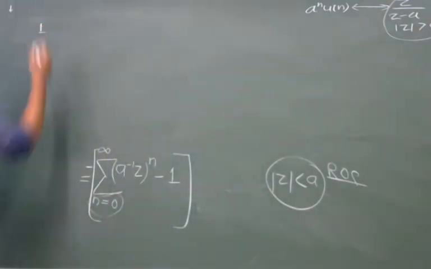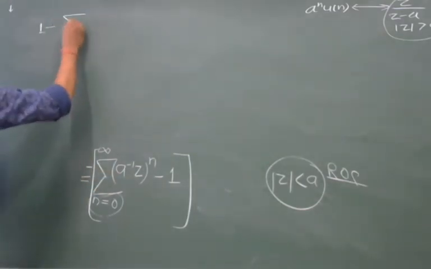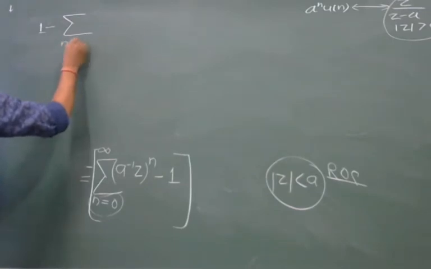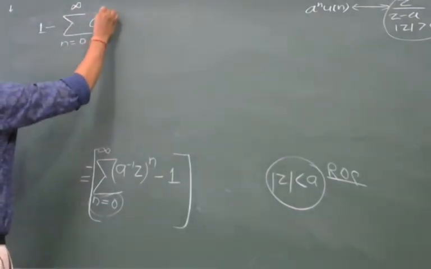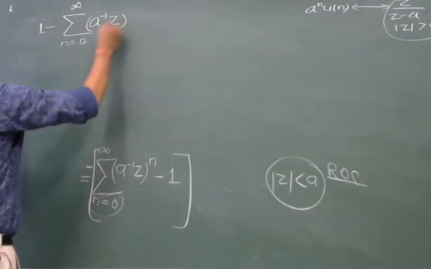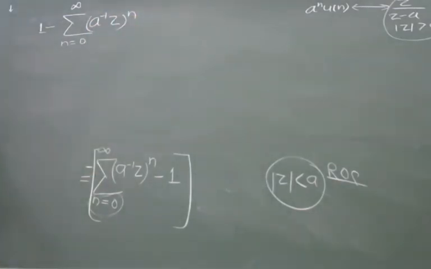When I multiply with this negative sign inside the bracket, this will become 1 minus sigma n from 0 to infinite a power minus 1 into z power n. Now for the calculation we have to put all the values of n from 0 to infinite.